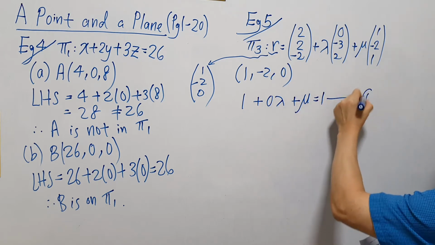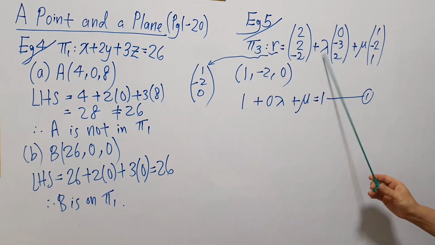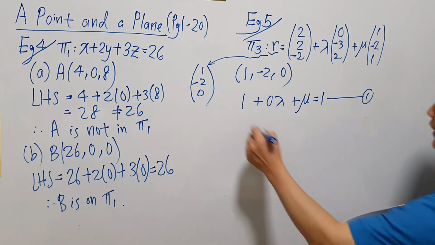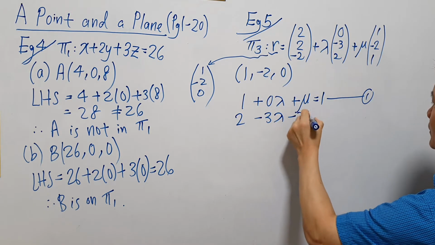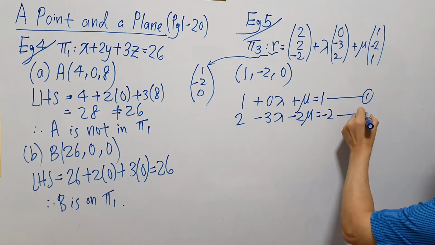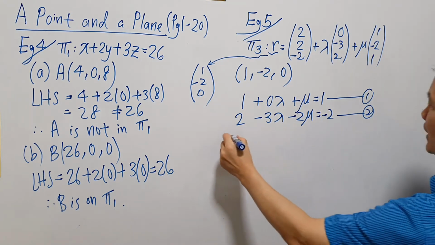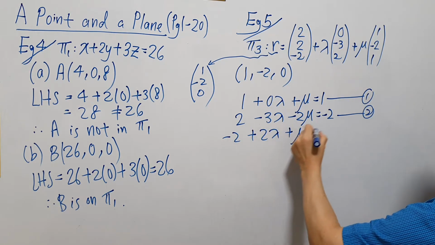This is my first equation. Likewise, for the second equation, 2 minus 3 lambda minus 2 mu must be minus 2. And then the third equation would be minus 2 plus 2 lambda plus mu is equal to 0.